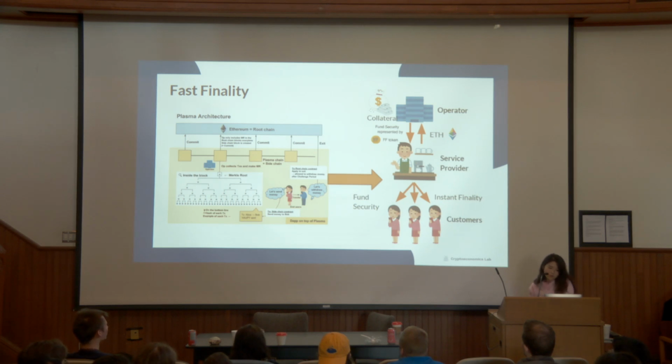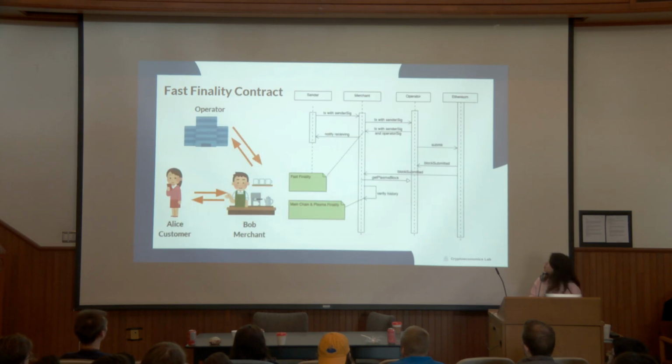The operator prepares collateral to protect users' assets just in case anything goes wrong in the Plasma chain. And so this is how the FF contract on the Plasma chain works.